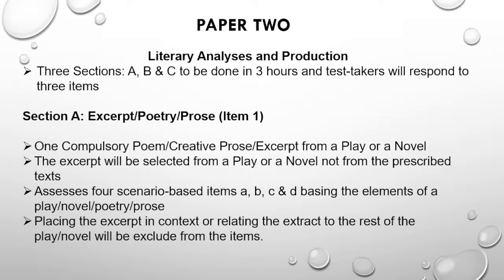Then section A, what do we have? In section A, we're going to have an excerpt of poetry or prose. This is only one item. One compulsory poem, creative prose, or an excerpt from a play or a novel.